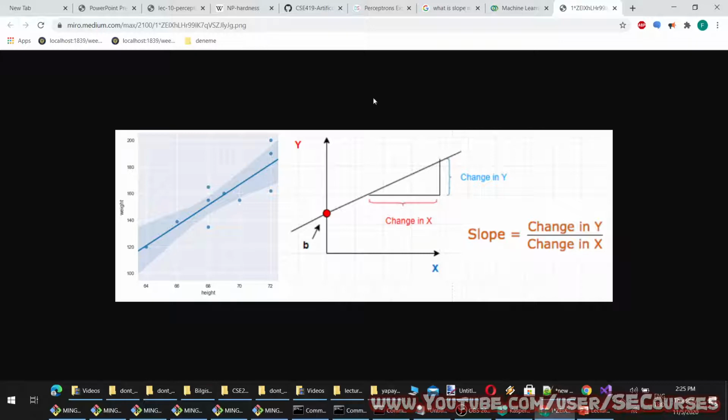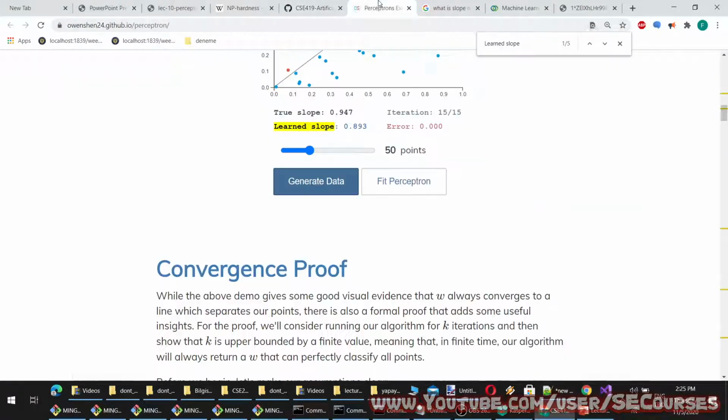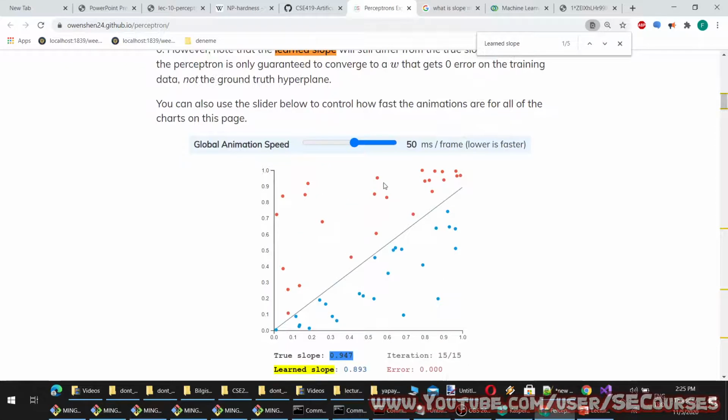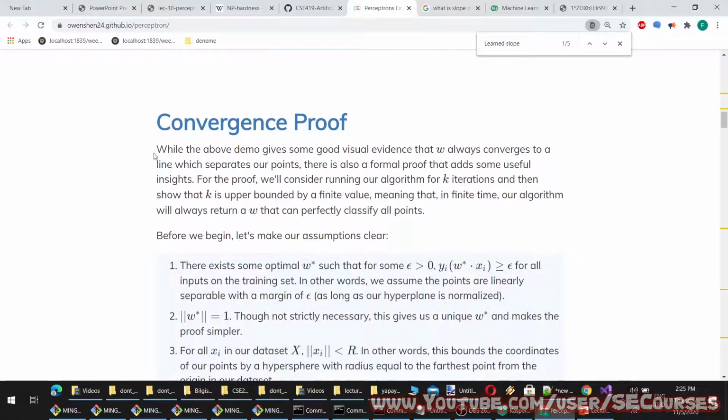So this is the slope. And the learned slope, which one is this? Okay. And the true slope was like this. So it didn't find the true slope. The true slope is probably the slope that has the best margin.